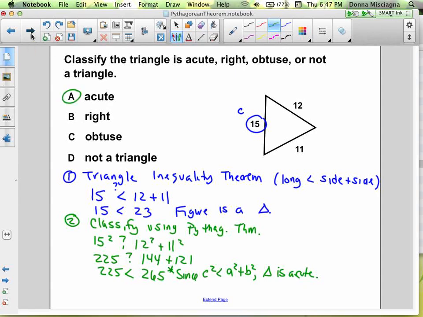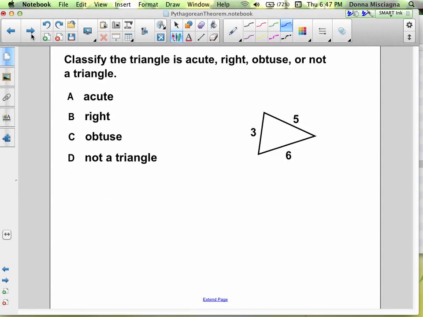Let's try another one. All right, so first of all, we want to determine whether or not this is a triangle. So we're going to use the triangle inequality theorem, and we're checking that c is less than a plus b.